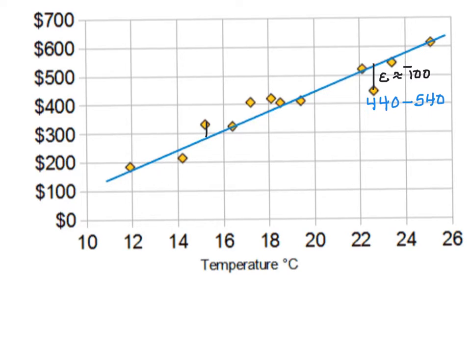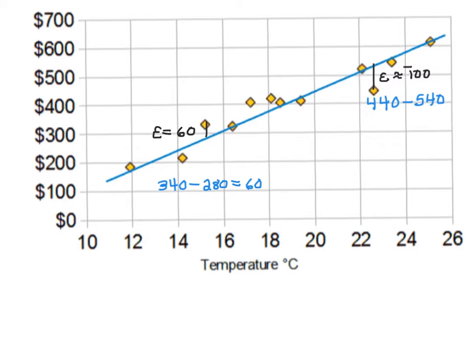So the height of our actual point, our actual value, is about 340, and we subtract the height of our best fit line or prediction line, and we'll call that 280, and the difference is 60. So here we have a positive error, and our positive error is 60.